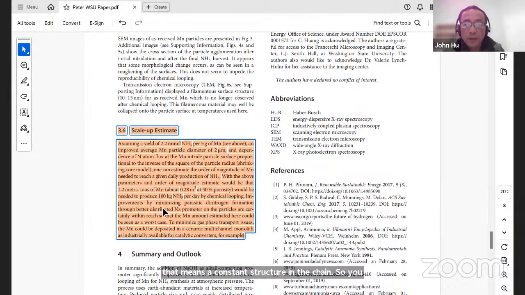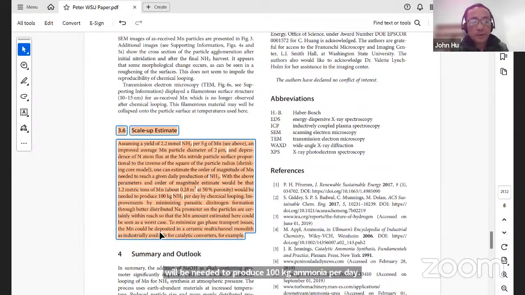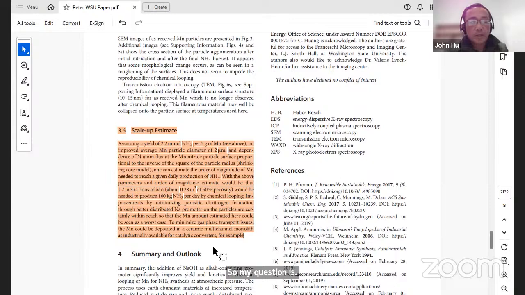The conclusion here, I want you to memorize. You need 1.2 metric ton of manganese, okay, will be needed to produce 100 kg ammonia per day. So my question is, okay, I'm going to write my question. This page I cannot write on.